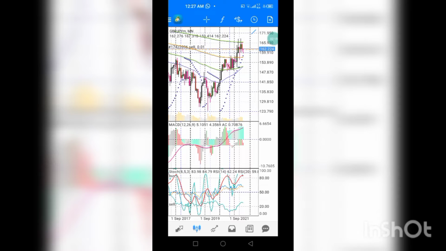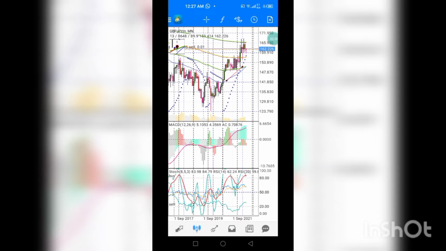Before you draw a trend line, make sure your trend line touches at least 3 troughs to be valid. At least 3. You can see, let's draw.